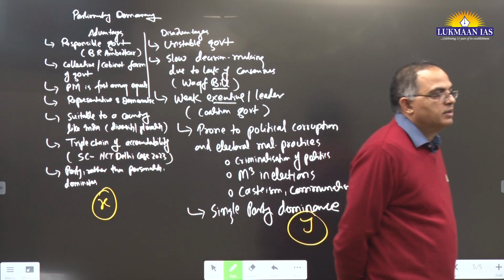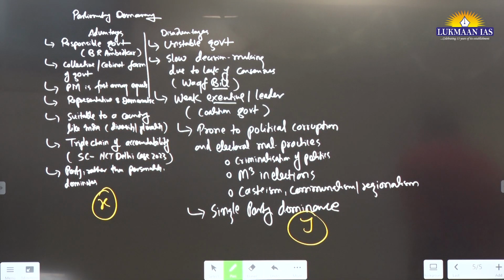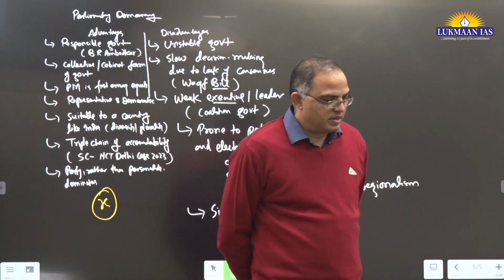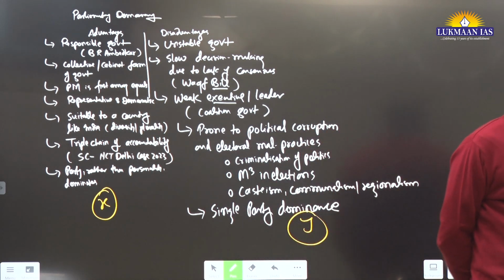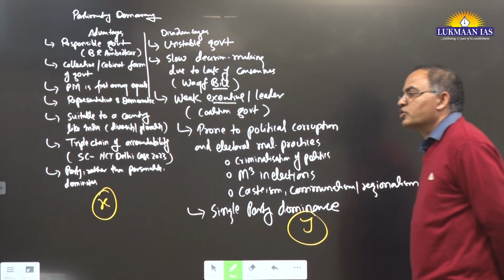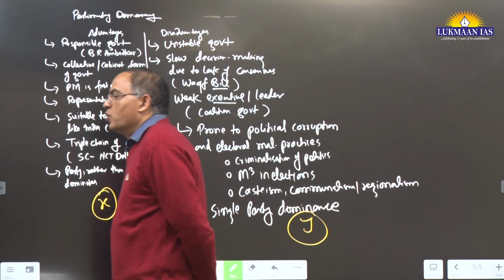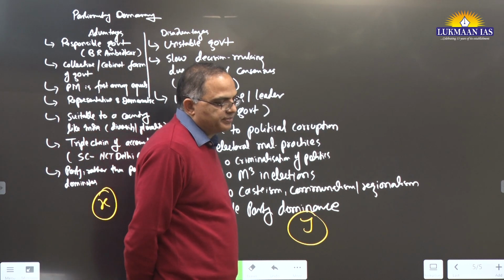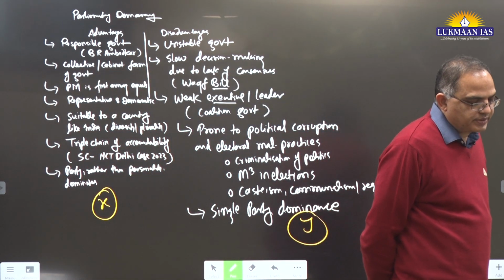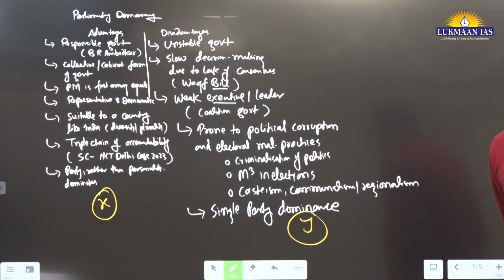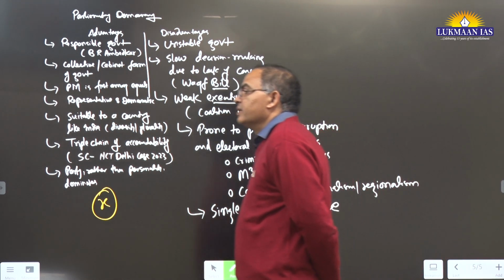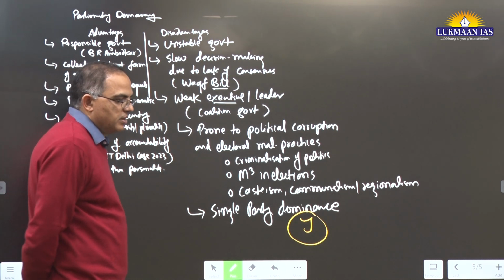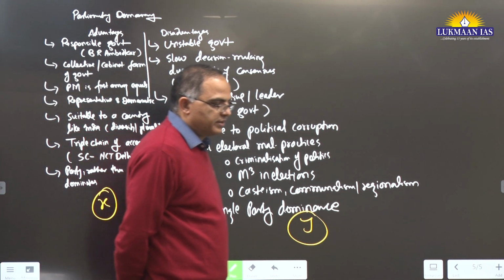Next, the executive belongs to Parliament. Next, the no confidence motion and other motions. Next, the triple chain of accountability.